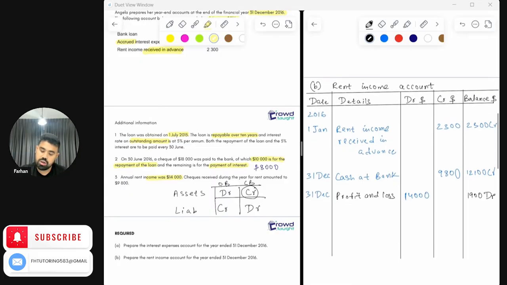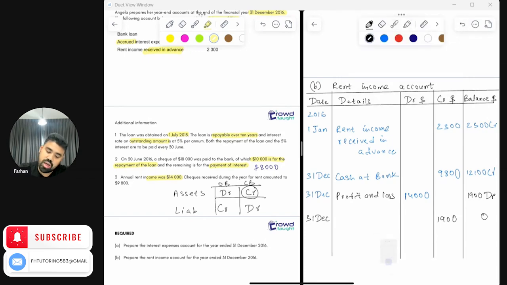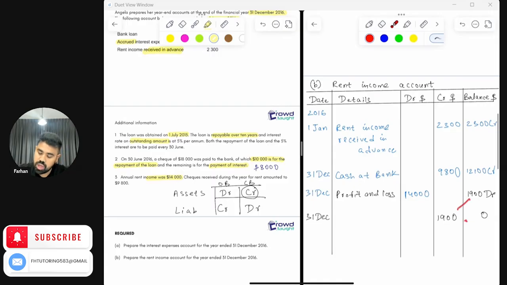We already know this must have a zero balance at the end of the financial year. So how do we make sure it has a zero balance? We have a balance of 1,900 debit, which means we now need a balance of 1,900 on the credit side so that altogether this gets offset and we are left with a final balance of zero.